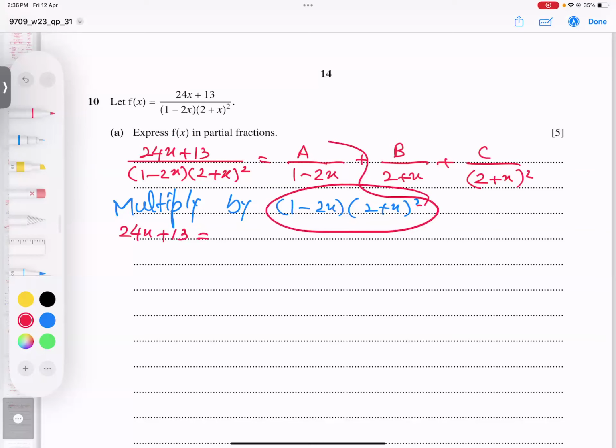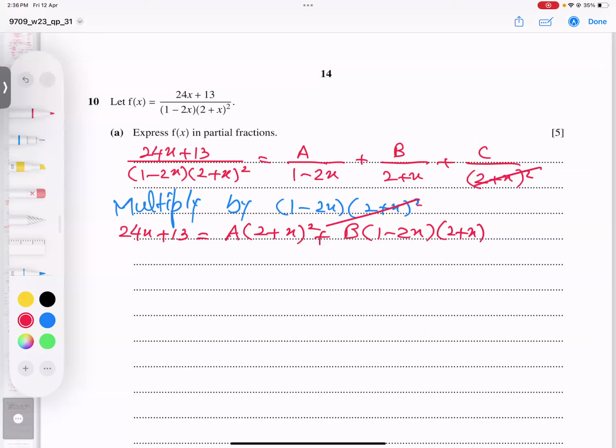When I multiply with this factor, this will cancel out, so this will stay beside a. When I multiply with this factor, this will cancel the power, so these two will stay beside it. So I can say b times 2, 1 minus 2x times 2 plus x. When this multiplies with this, it is fully cancelled, and we will get 1 minus 2x beside it only. I think this part is clear.